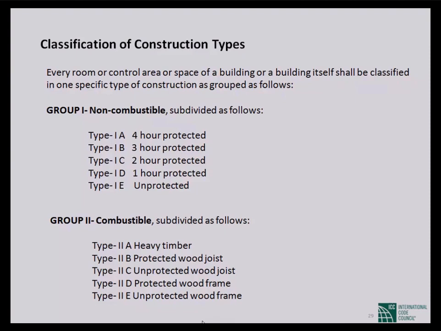In type 1, you again see type 1E, that is unprotected. What does it mean? That means mostly it is dealing with steel structure. Steel structure, as it is still used now, is unprotected, because at a temperature of 1000 degrees centigrade or less than that, it will collapse.